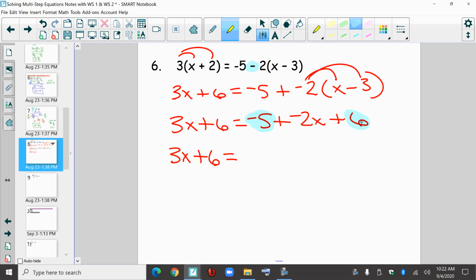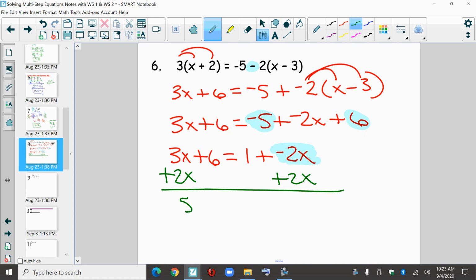3x plus 6 stays, but I do have like terms right here. The -$5 owed versus having the $6 tells me I have 1 plus a -2x. So from here, you're going to find your smaller x. My smaller x is the -2x, so how do I get rid of that? I get rid of that by adding 2x to both sides.